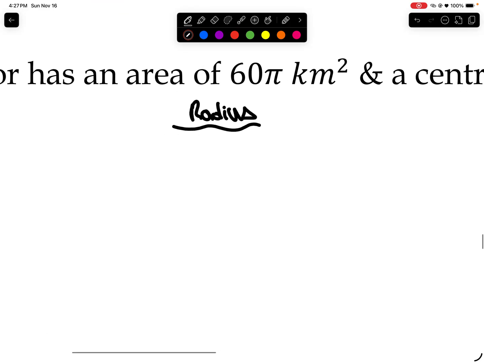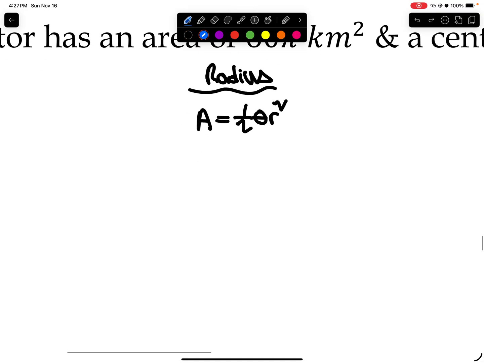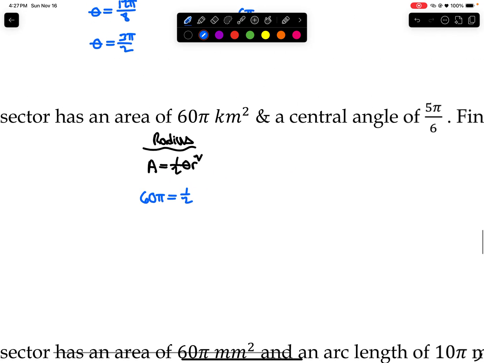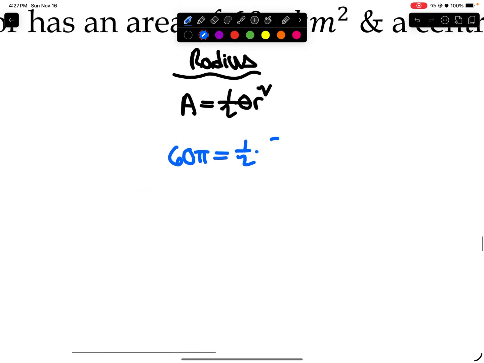So starting with the area, I know the area is going to be equal to 1/2 theta r squared, since we're still going to be in terms of pi, so that tells me we're in terms of radians. So when I plug in, I know the area is going to be 60 pi. And that's going to equal 1/2. We want to figure out the radius, and we do have the central angle, which is 5 pi over 6. And then we're trying to find the r value.